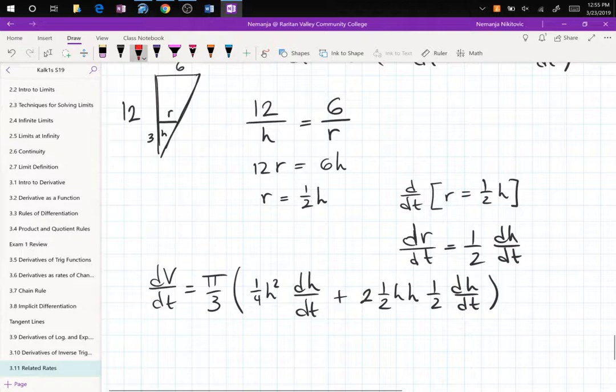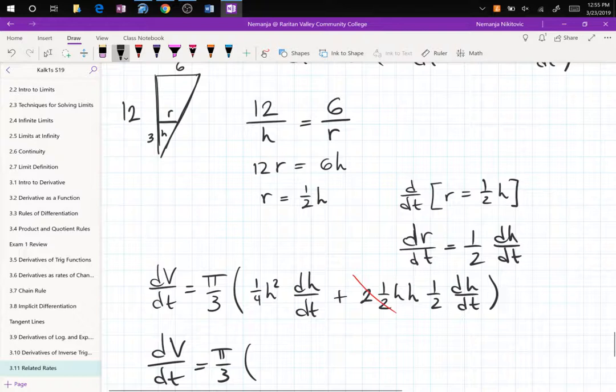So now these cancel. dV dt is equal to pi over 3. And now look what you have. You have a 1/4 h squared and a half h squared. So that's 3/4 h squared dH dt.